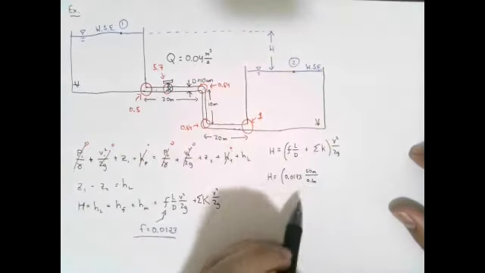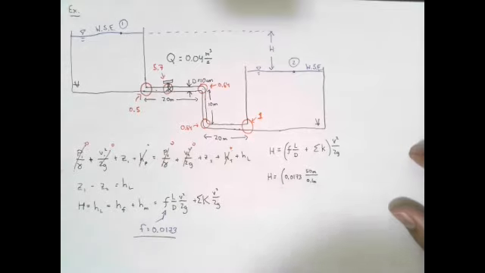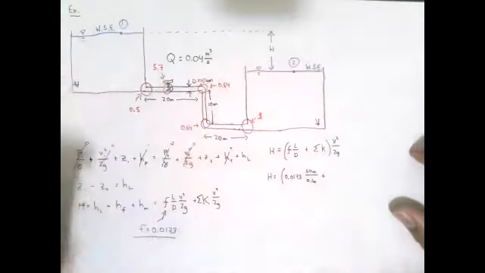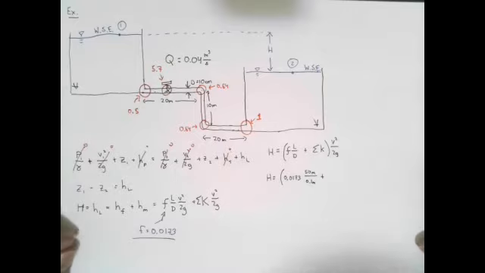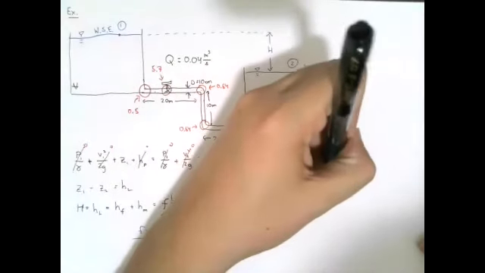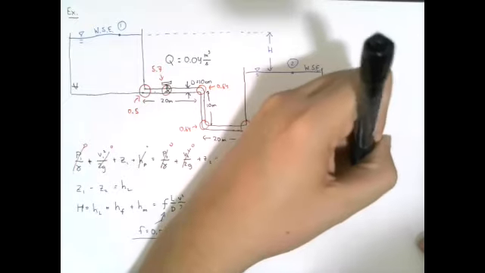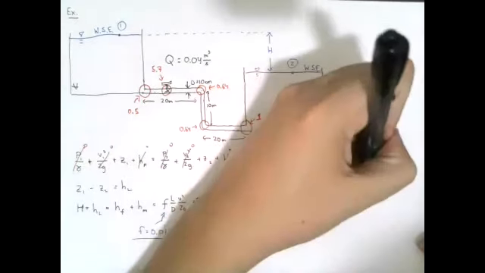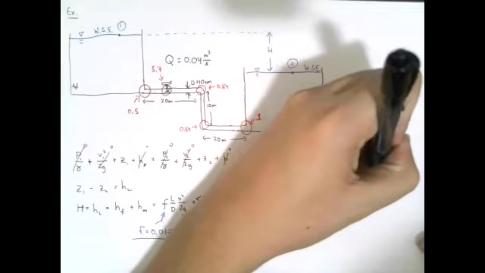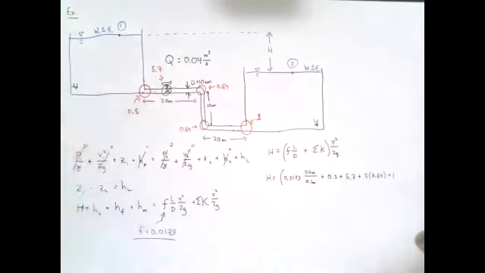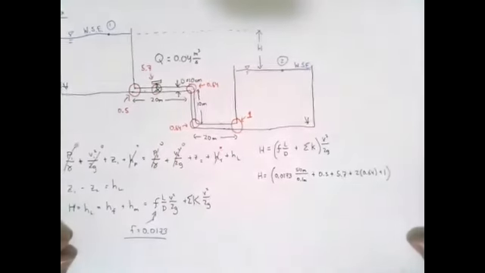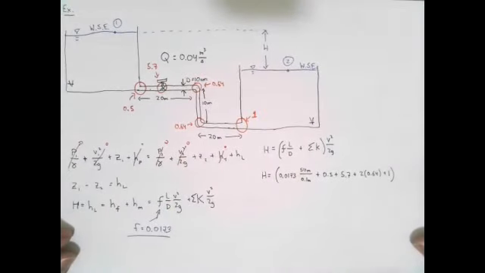Remember, we want this to be dimensionless, so it has to be 0.1 meters. And then we have the sum of our minor loss coefficients: 0.5 at the entrance, 5.7 at the valve, 0.64 at both elbows, and then 1 at the exit. And all of this, as we know, is multiplied by the kinetic energy head.